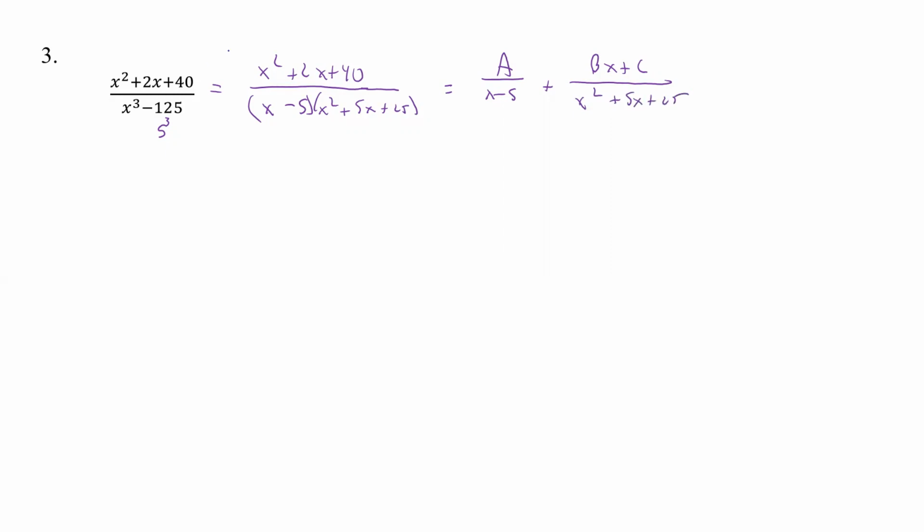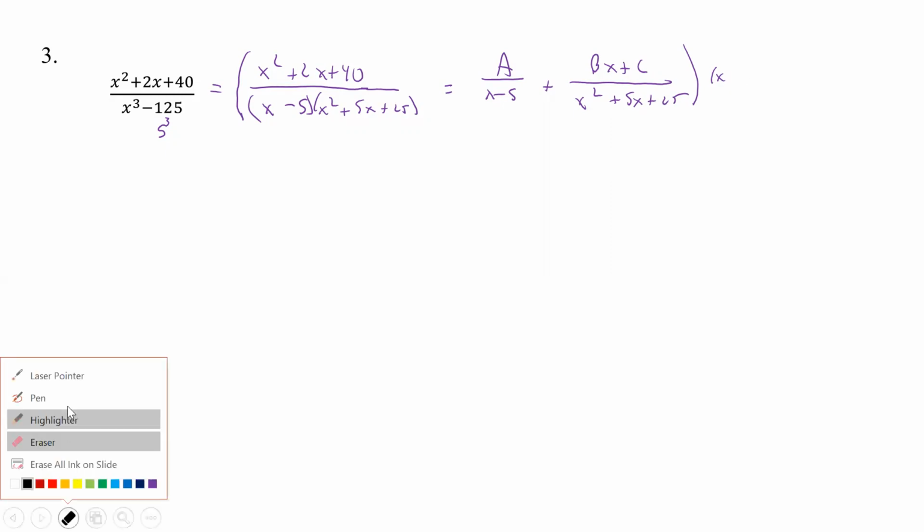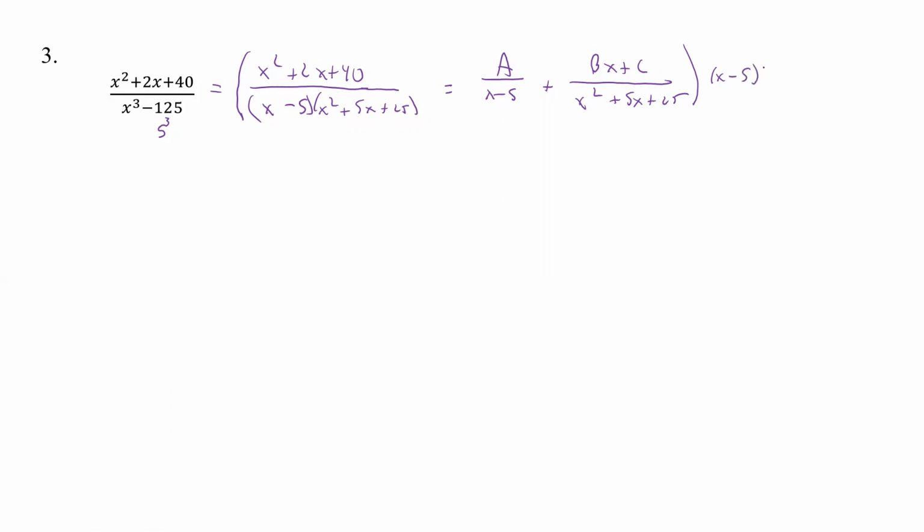Okay. Now we multiply by that common denominator, x minus 5 times x squared plus 5x plus 25.